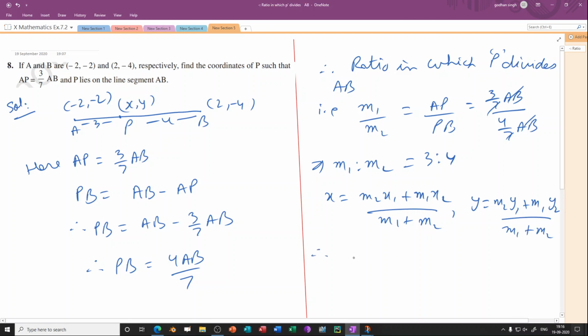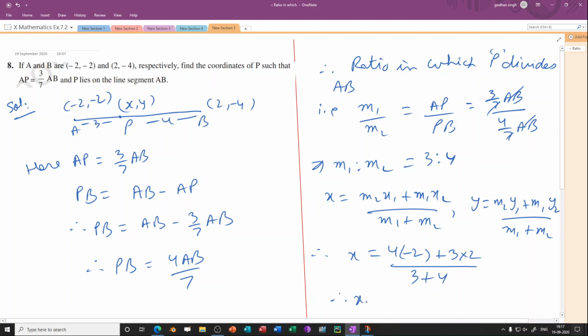First we find the value of x. What is m2? m2 is 4. What is x1? That is the x coordinate of point A, so -2, plus m1, which is 3, into x2, the x coordinate of point B, that is 2, over m1 plus m2, that is 3 plus 4.